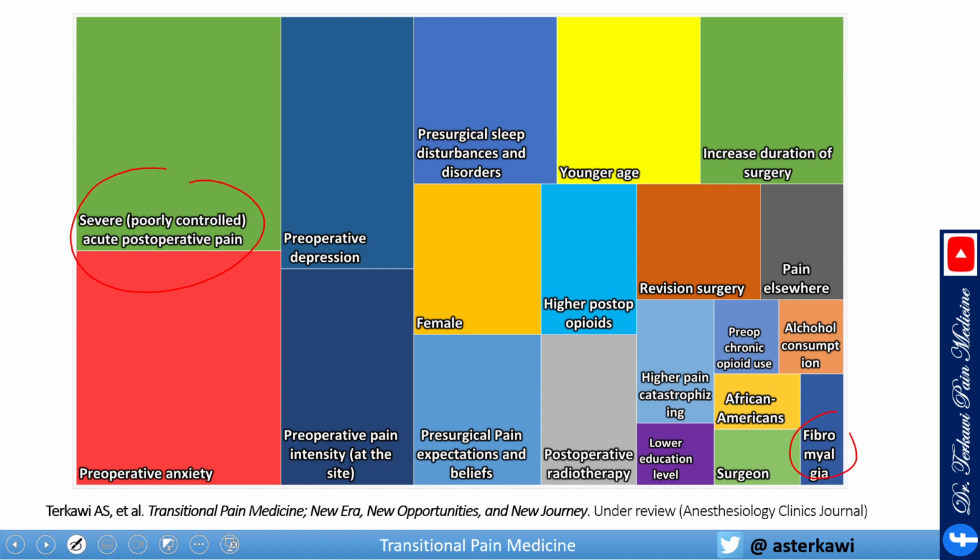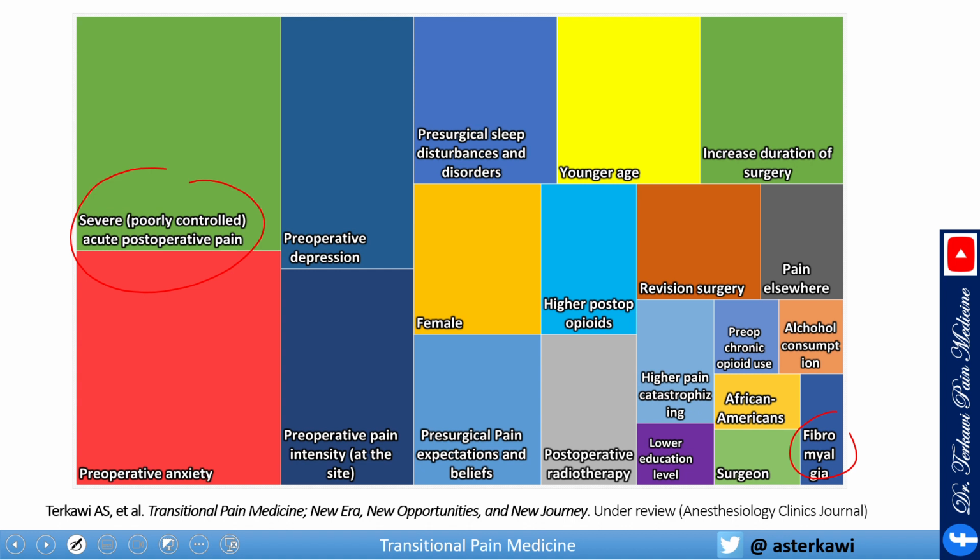So the size of the boxes correlates with how commonly it was mentioned. In other words, the bigger the size, the more important and more established the risk factor. So you can think that these are really the important risk factors.